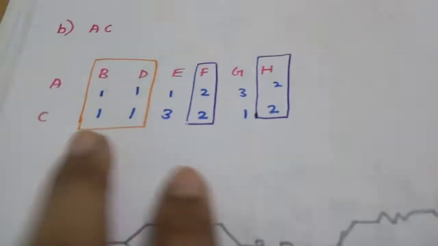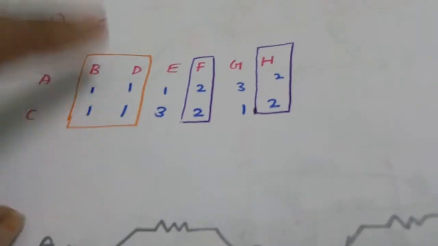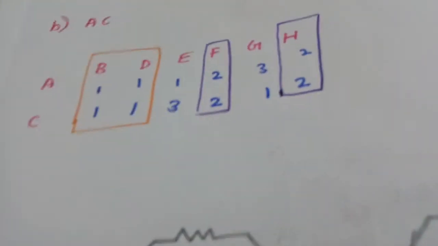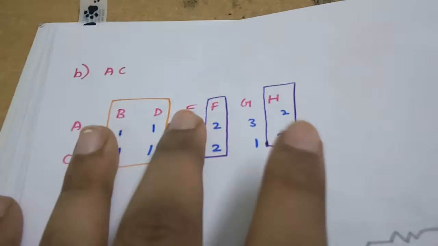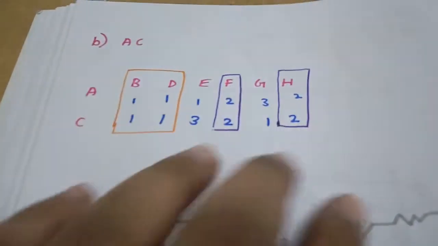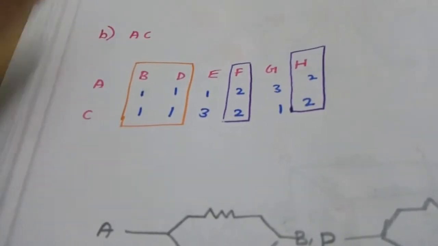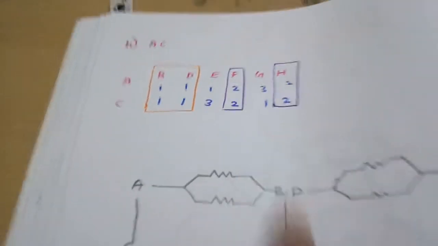Then you may find the symmetry between BD and FH. But in the previous sum, there were only 2 groups, and the 2 groups were in symmetry. But here there are 2 groups, and there is a remaining 1 group. So if it came this way, you should put BD up, then FH down.